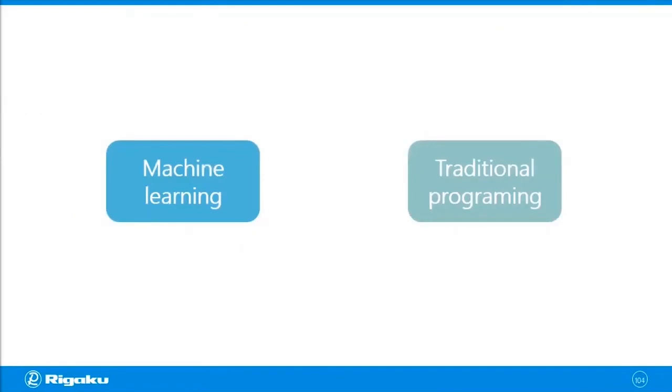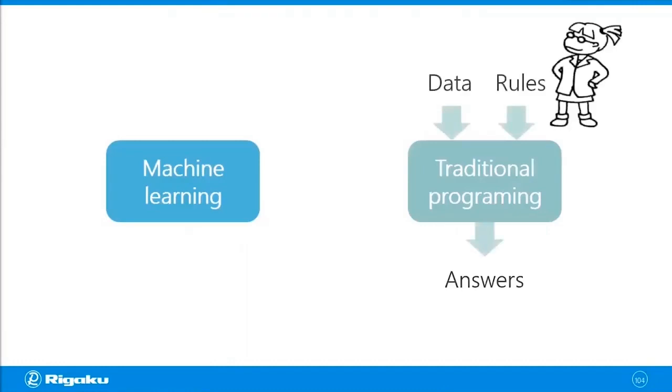With traditional programming, you put in data and rules, and you get answers out of it. We're setting those rules. You have to explicitly, logically set the rules and code them to make a traditional program work.